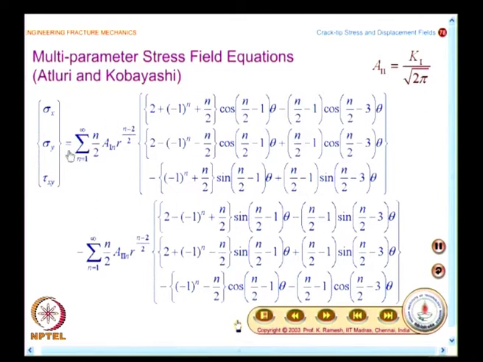The first series involves the coefficient capital A 1 n, and the second series involves capital A 2 n. The first series is meant for mode 1 loading, whereas the second series is meant for mode 2 loading, and n varies from 1 to infinity.